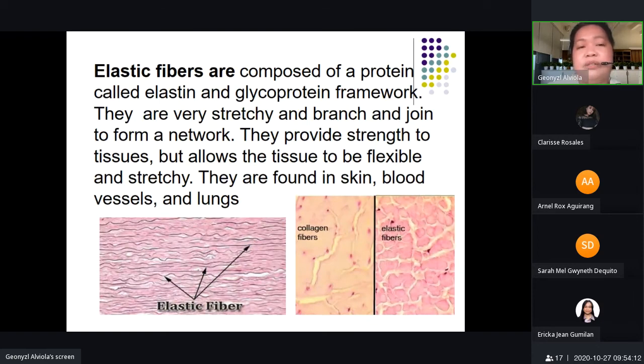They are flexible, with high tensile strength compared to collagen, and are also made up of a glycoprotein framework. So they are very stretchy and flexible. They provide strength to tissues but allow the tissues to be flexible and stretchy. That's why they are usually found in highly movable areas, like the pinna of your ear, the skin, blood vessels, and lungs.